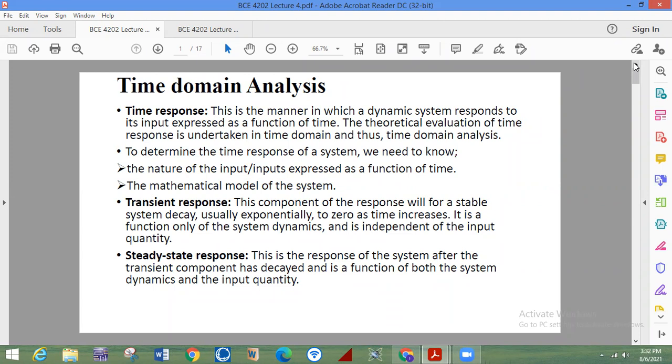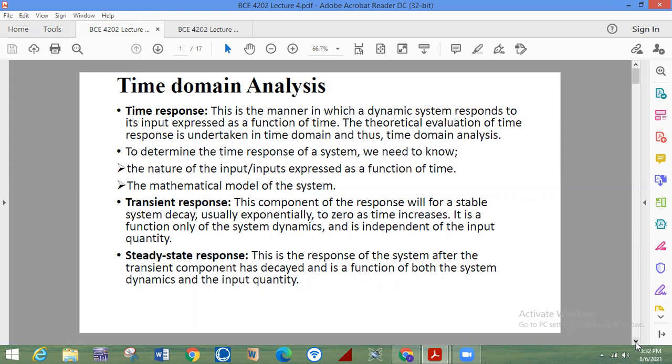Those characteristics that define the system, its physical characteristics, are what we call the system dynamics, the system itself, or the plant itself. Is it clear, or I've not explained it clearly? It is okay.